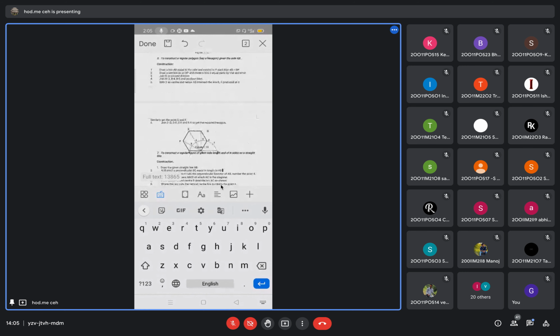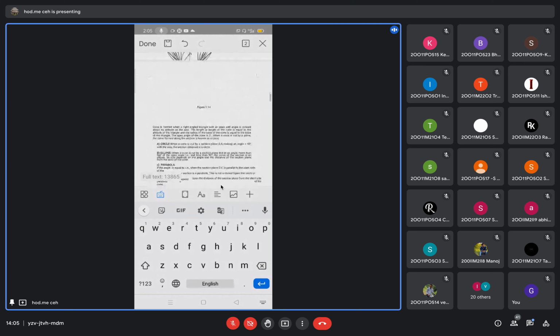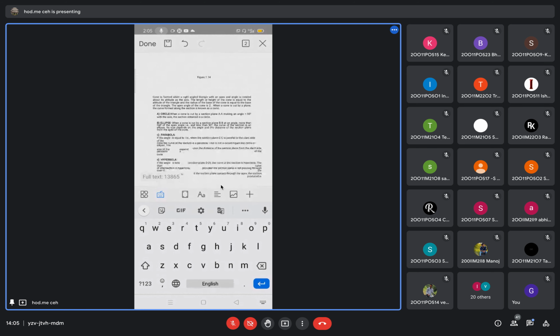Okay, the next topic, the start of the new topic: the conic section. Next topic, conic section. The conic section is very important. See what the conic section is. The conic section is a right circular cone cut by a cutting plane at different angles.